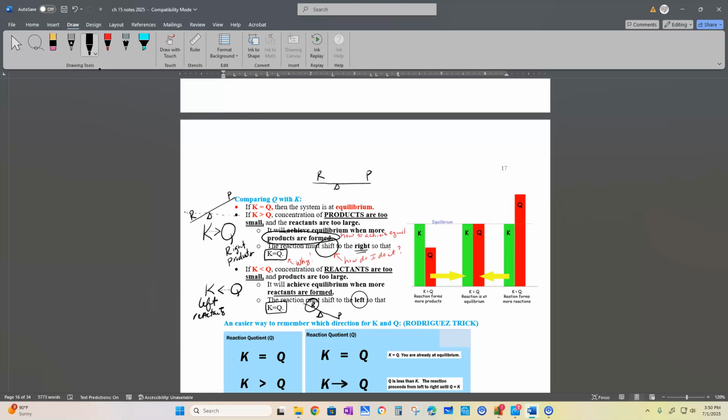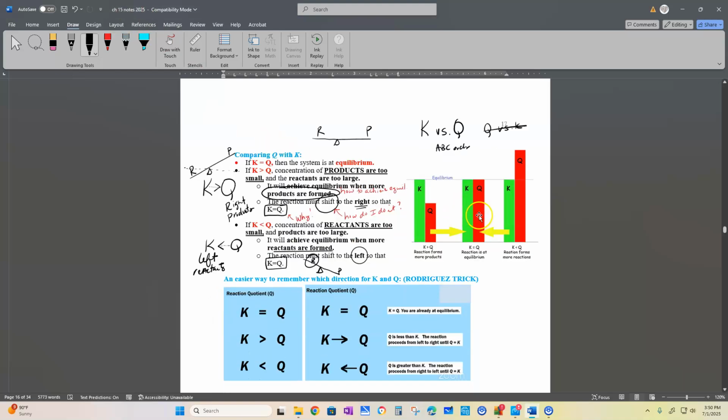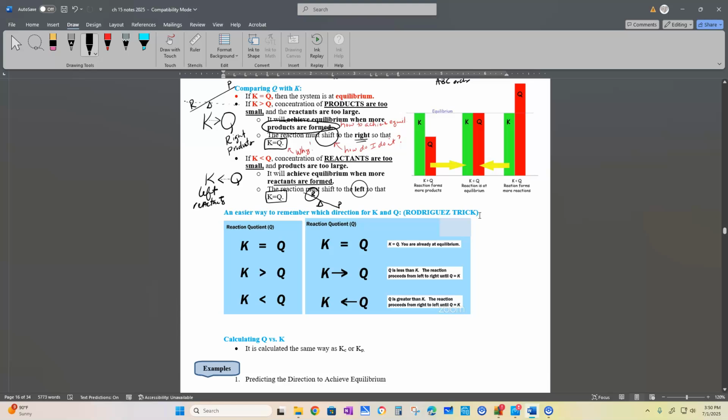Now, Rodriguez's little trick. When you're comparing K versus Q, put it in ABC order. Don't put the Q first and then the K. My little trick doesn't work that way. So when you're comparing and doing your little cool arrow, make sure you put the K first and then the Q. But how did this get screwed up?